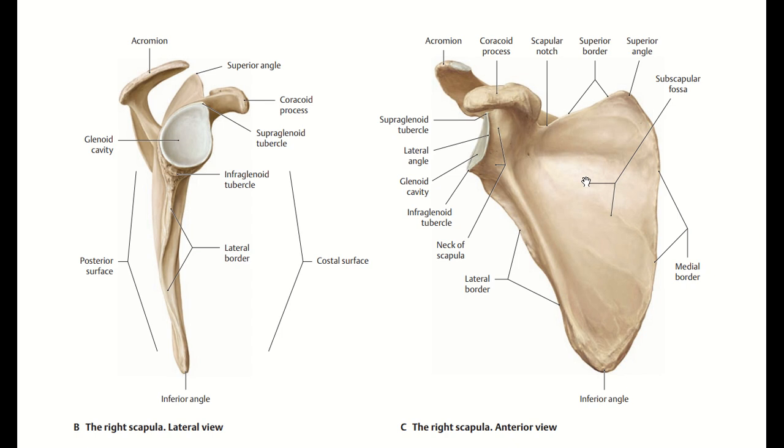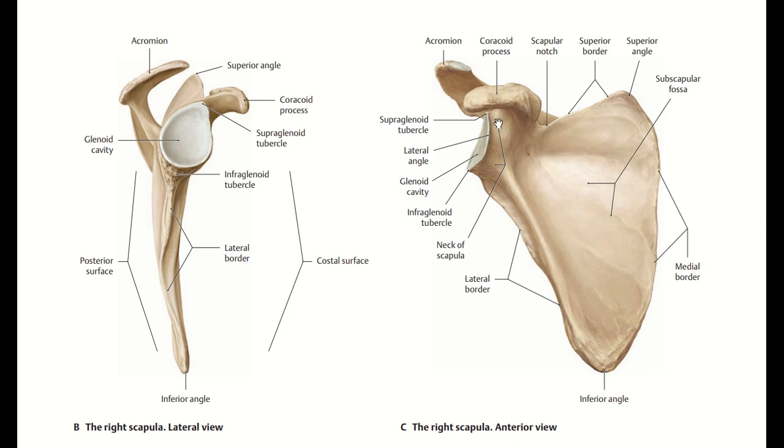And it's going to be called the subscapular fossa. The subscapular fossa is going to accommodate the subscapularis muscle, right? At the rim of this subscapular fossa, you're going to have the insertion of the serratus anterior muscle. The serratus anterior muscle. You understand?